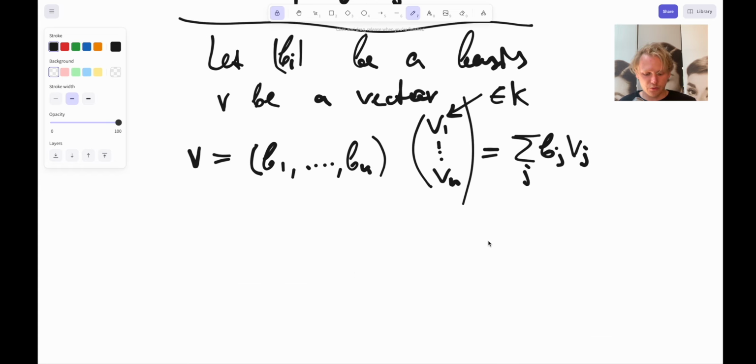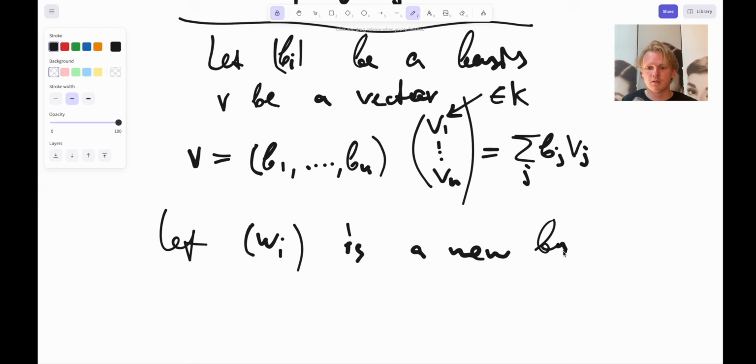And why is this formula superior? Why should we write things in this manner? It's because whenever you have a new basis, which letter is not taken? Okay, we'll take W. If W is a new basis, you take a transform matrix, and you write the new vectors as a linear combination of old ones.